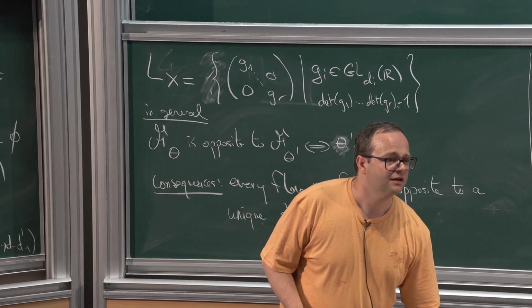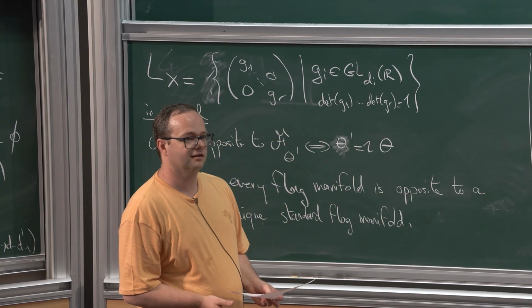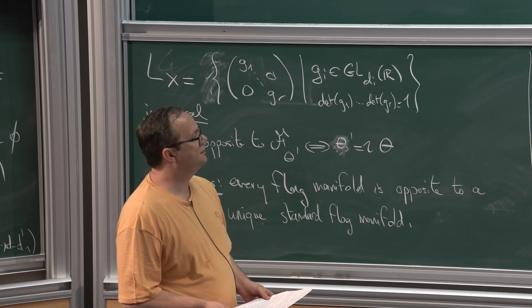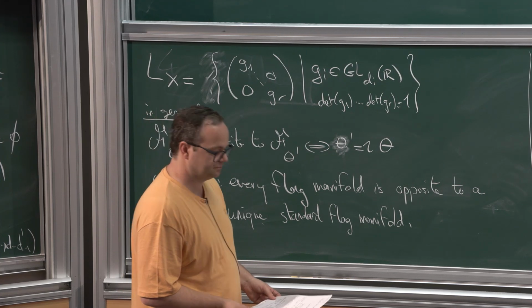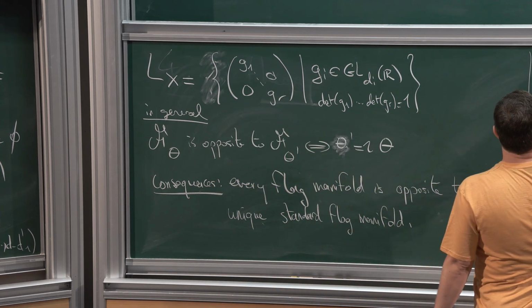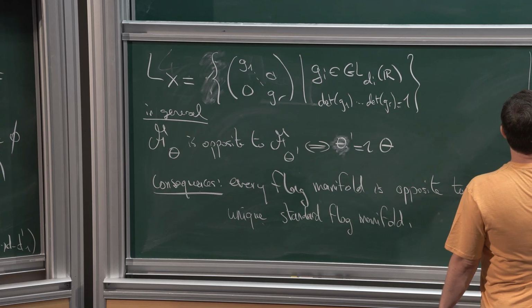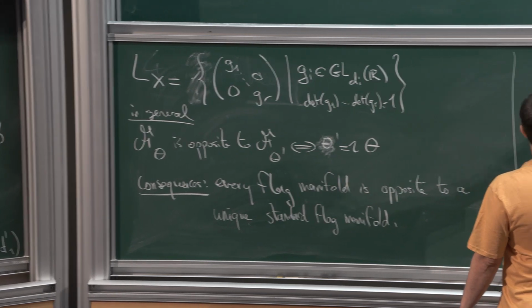At the level of standard flag manifold, in this description over there, is it just looking at the one like fx and f minus x? Yes. Okay. Yeah, for standard, another way of saying it is that f plus is opposite to f minus.